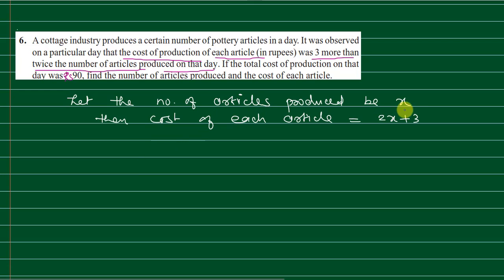And this is the number of articles, that is x, and cost of each article is 2x plus 3. So their budget would be this into this.